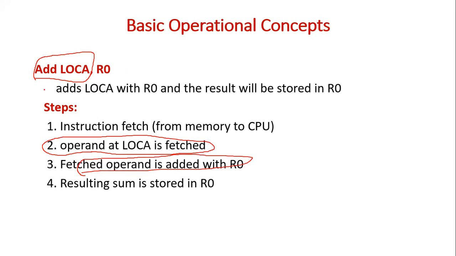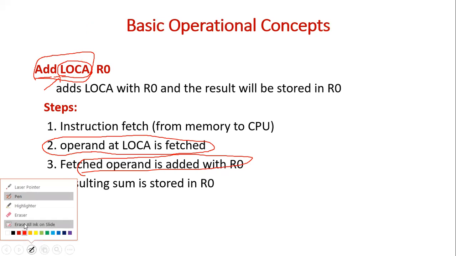So memory load and arithmetic operation are combined in a single instruction here. Are you getting the point? Because it is a memory location, the value corresponding to LOCA should be loaded from the memory. So the memory load and the arithmetic operation, adding the fetched value with R0, were merged in a single instruction.